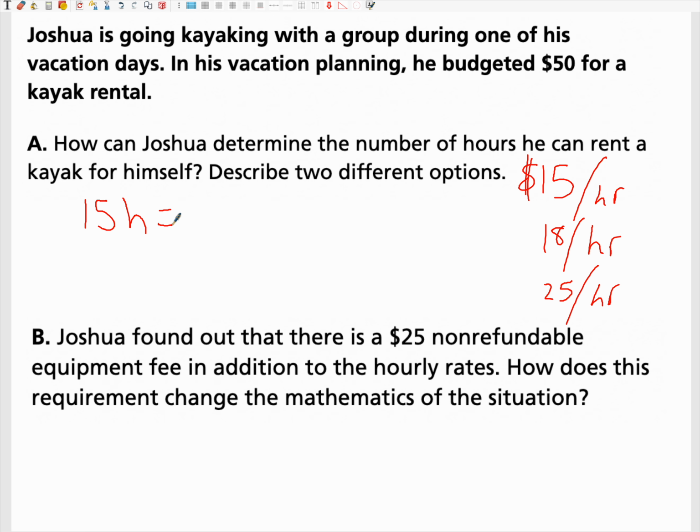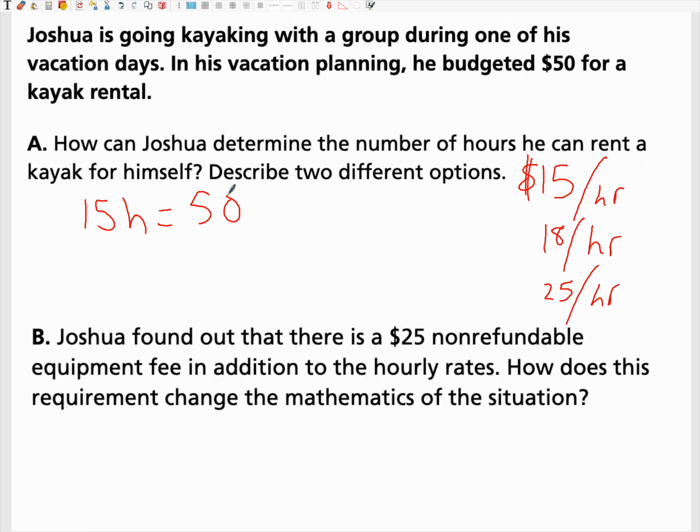He budgeted $50 for a kayak rental. For now we're just using equal signs, so we can actually do partial hours, I guess. So you can end up with part of an hour and pay the full price, the whole 50.